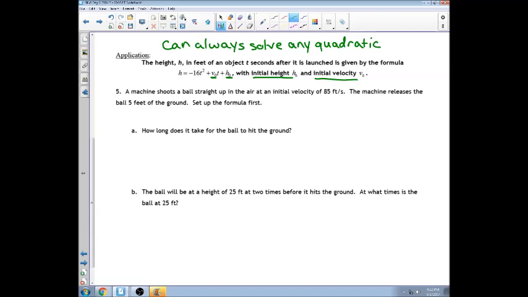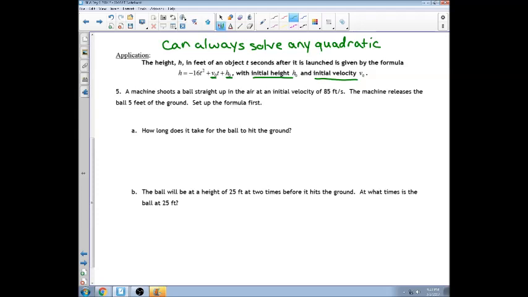So we know v0 is the initial velocity, h0 is the initial height. All the t's you see there are the amount of time in seconds, and that h that everything is equal to is the height we are looking for. All right, so that's the equation we're going to use no matter what.